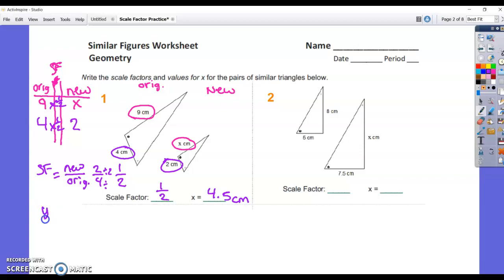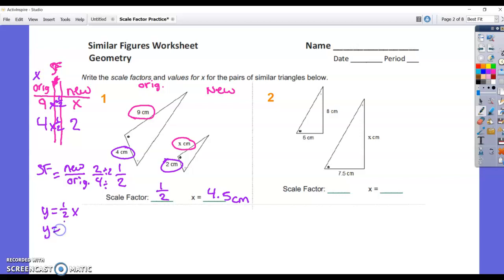Our equation would be y is equal to, oops, not 4.5, 1/2 x. So we were given the original, which is always our x.